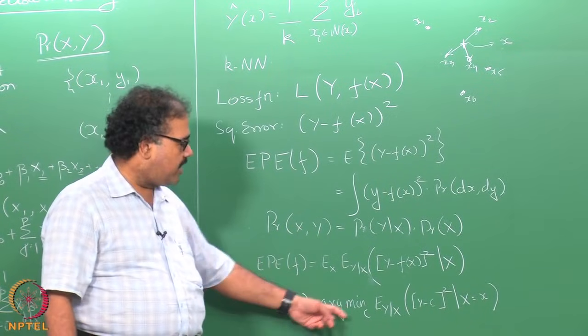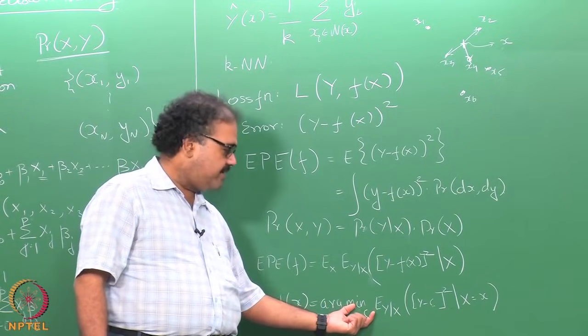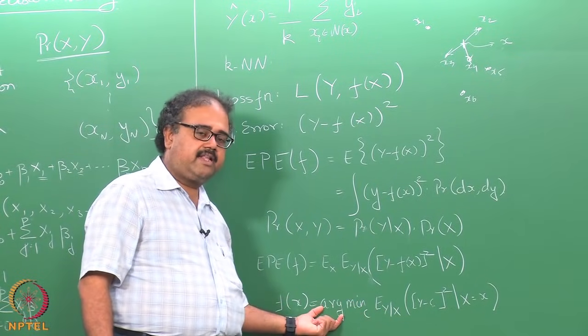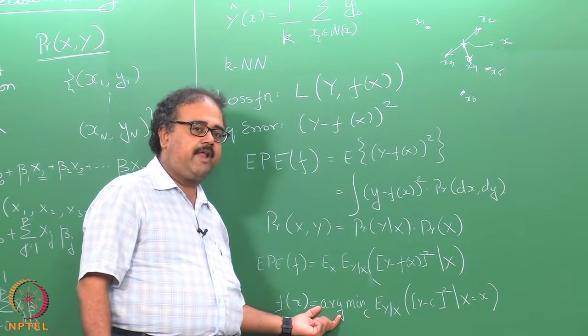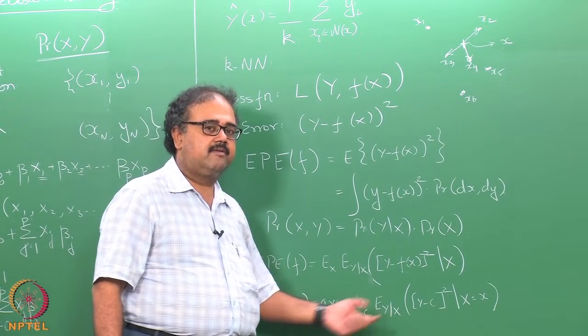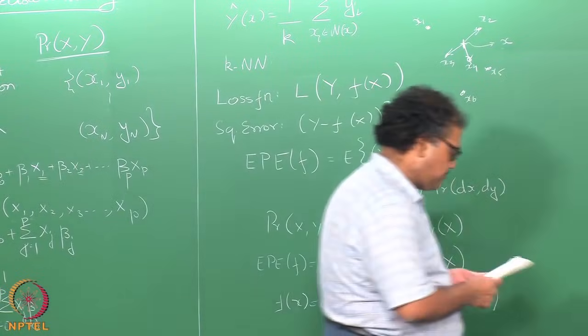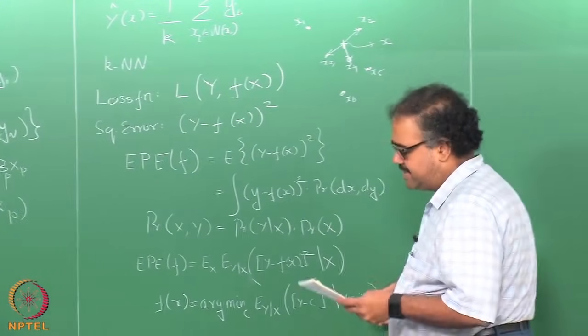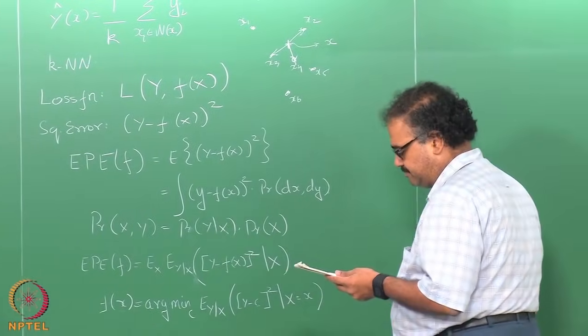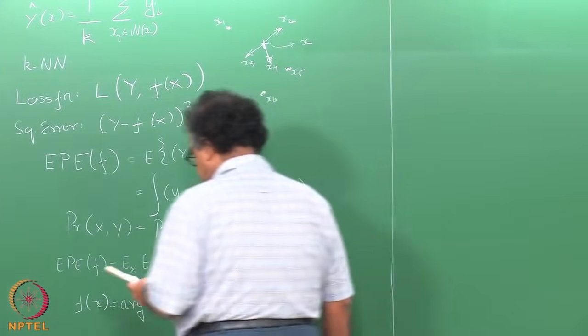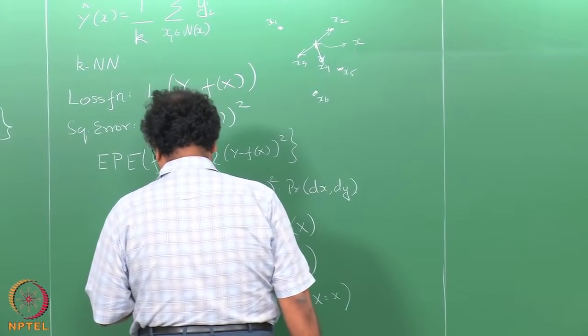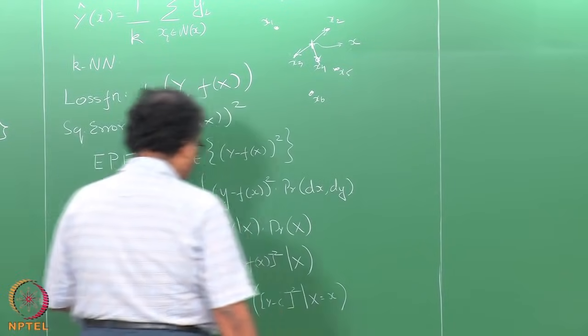So, arg min means first minimize with respect to C and take that value of C which achieves this minima. If there are multiple values that give you the minima, you can pick any one. So, this is essentially called conditioning on a point.